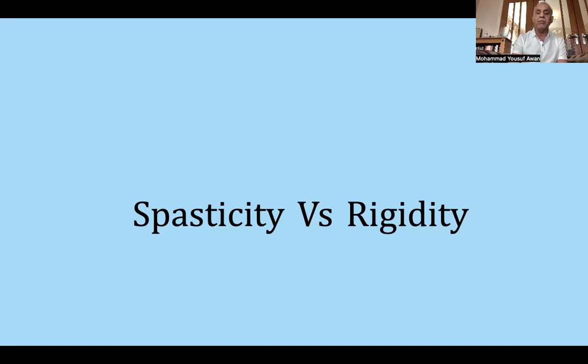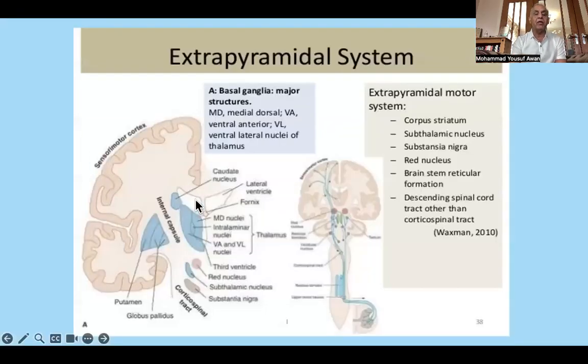The extrapyramidal tract means the basal ganglia, and from here the fibers go down to the muscles. In a lesion of the basal ganglia or extrapyramidal system, the tone is increased in all groups of muscles, in the arm and in the leg, mostly in all the limbs, but it may be localized to one side or asymmetrical, present in most of the limb or either one upper or lower limb.